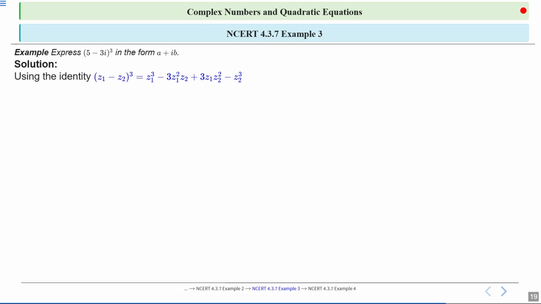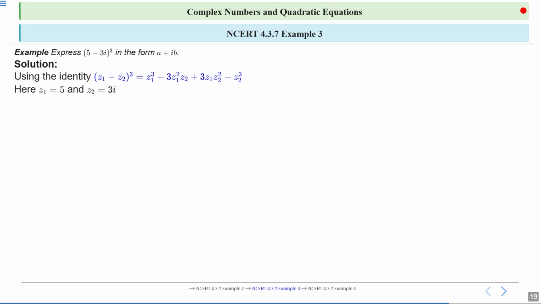Using the identity z1 minus z2 whole cube equals z1 cube minus 3 times z1 square times z2 plus 3 times z1 times z2 square minus z2 cube. Here z1 is 5 and z2 is 3 times iota.